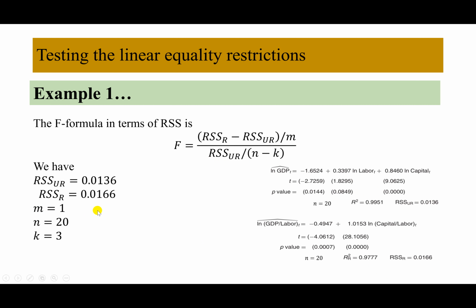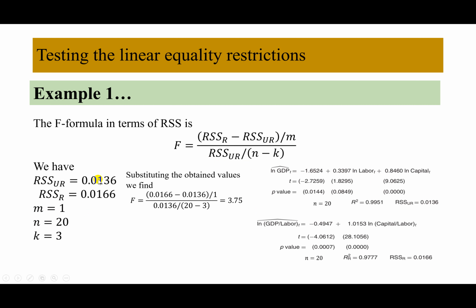In our case, the number of restrictions is 1, which is beta 2 plus beta 3 equal to 1. And N is equal to 20. And K is the number of parameters in the unrestricted model. So in the unrestricted model, there are three parameters: the constant term, beta 2 and beta 3.